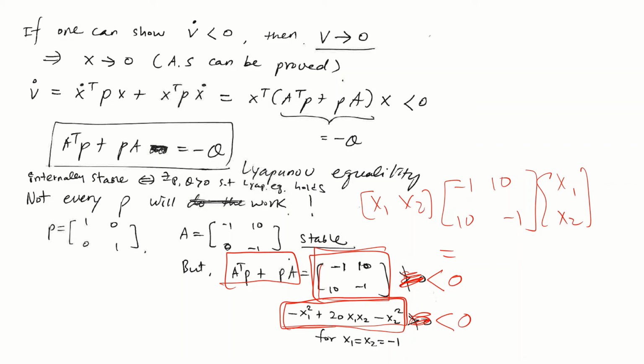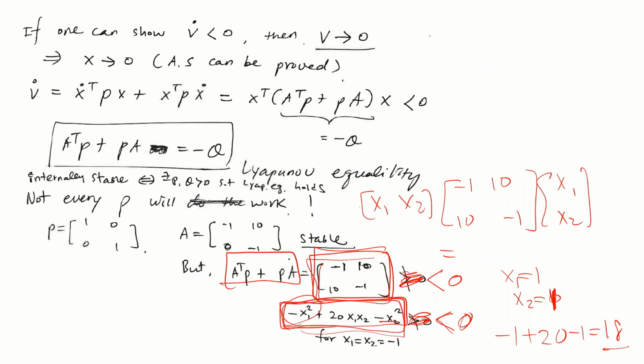But if we choose x1 equal to 1 and x2 equal to, say, 0, then what happens? This one gives you minus 1 and plus 20, and this one minus 1 is 18. So 18 is definitely greater than 0, and so this is not less than 0 all the time. So this is not negative definite.